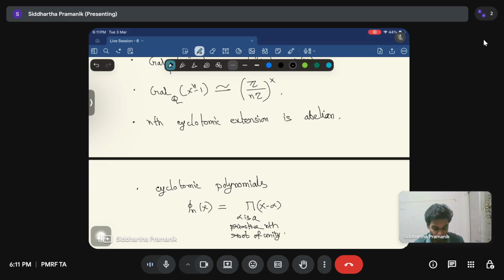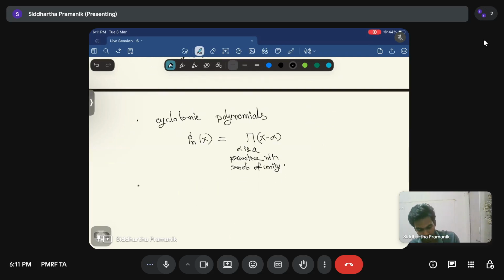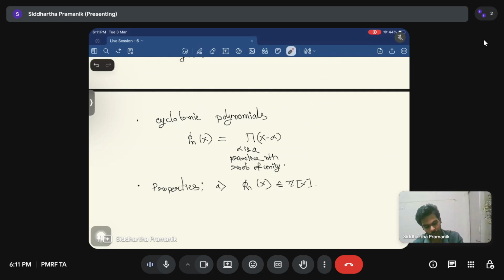Then we have seen several properties of these polynomials. This polynomial has integer coefficients. Initially, if you look at n equal to 1, 2, 3, up to 6, you may assume that its coefficients can only be minus 1 or plus 1, but that is not true.